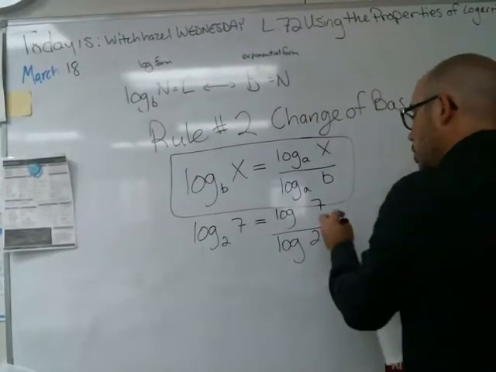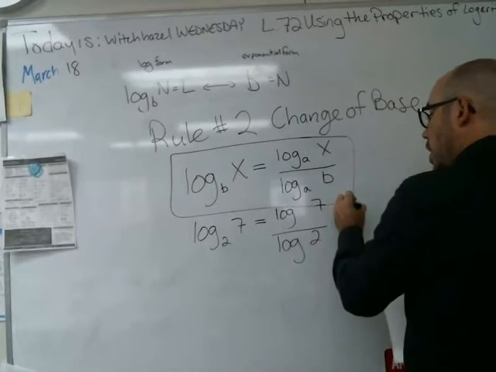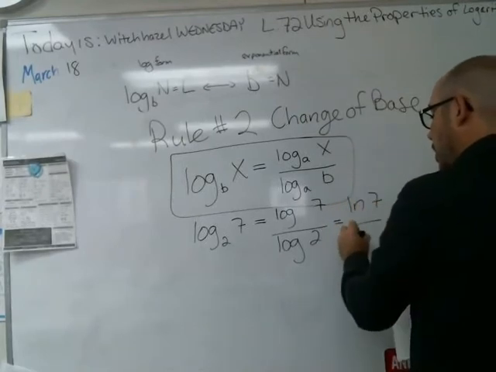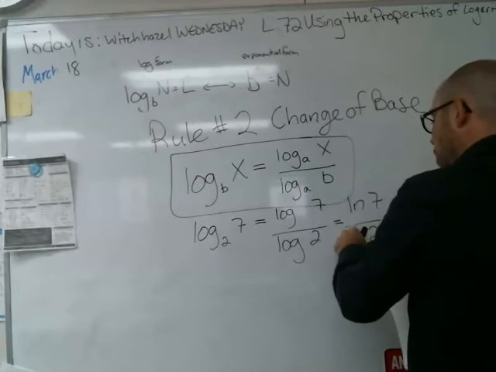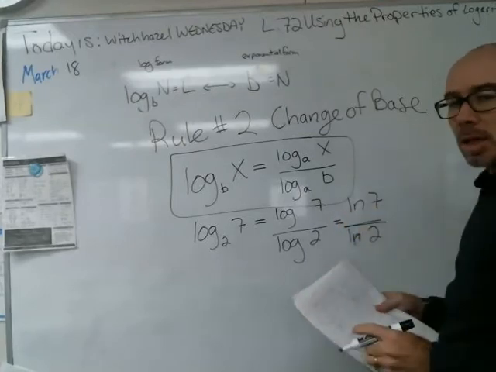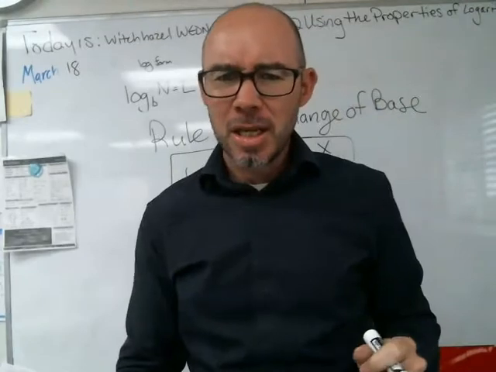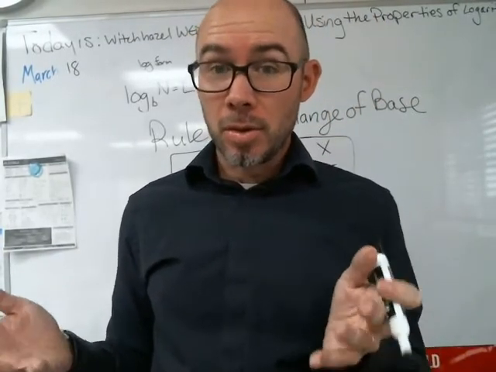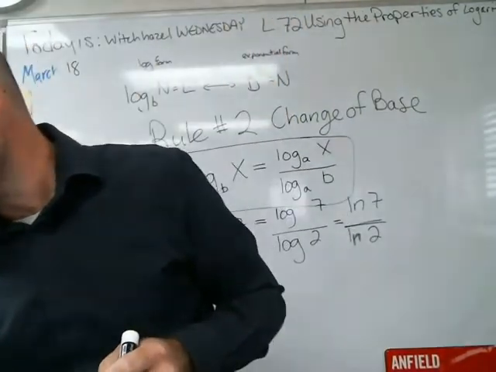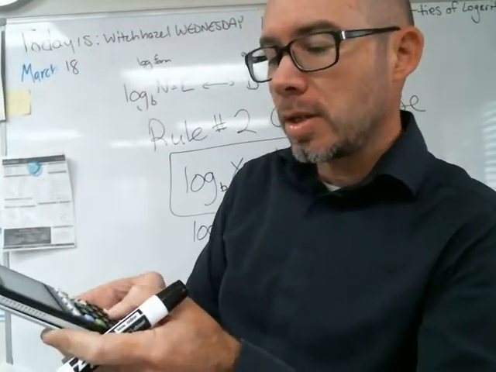Another cool thing is that you could even do this one, ln 7 over ln 2. And the further on you get in math, in calculus, when you see log, you actually mean natural log. And that's what your calculator would do. So go ahead and do fraction bar again.